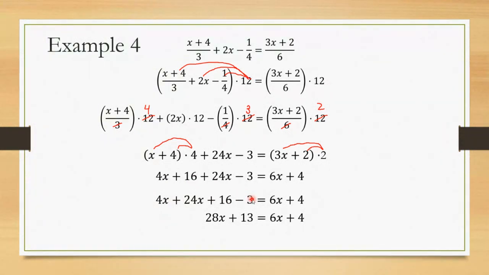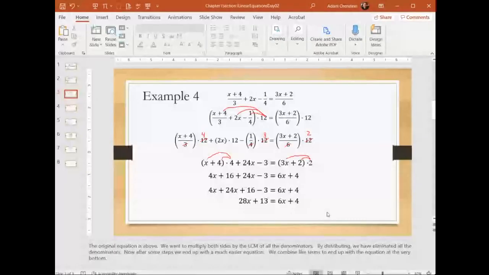And now we combine like terms. So 4x and 24x gives us 28x. 16 and minus 3 gives us 13. 6x and 4 are not like terms, so we just leave them alone. We can't do anything there.